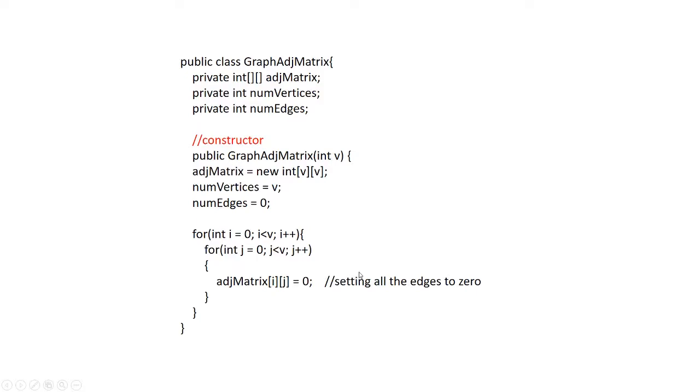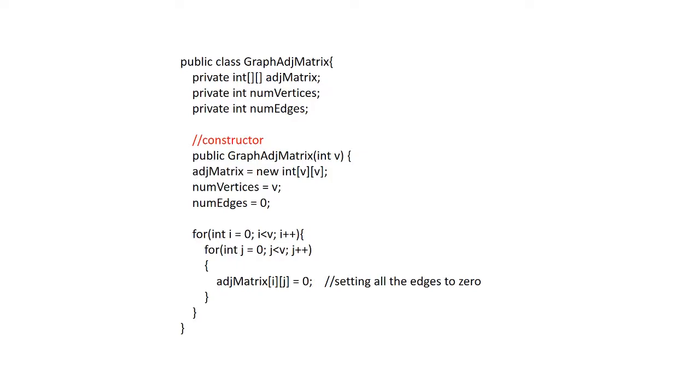This is not really necessary in some programming languages because the default value of an integer is 0, but better safe than sorry, right? Now that we've created the table, we need to know how to add a relationship between the vertexes. This is actually the easiest part since we're creating an undirected, unweighted graph.